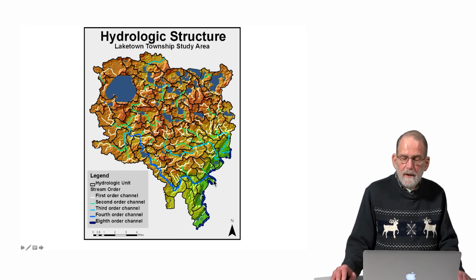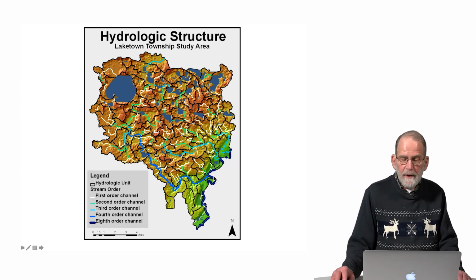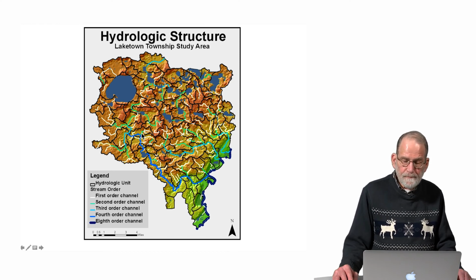And then the Minnesota River, as it flows along the southeastern corner of the watershed, is actually an eighth order channel. So we have first order channels coming together to create second order channels, intersecting to become a third and a fourth order channel.